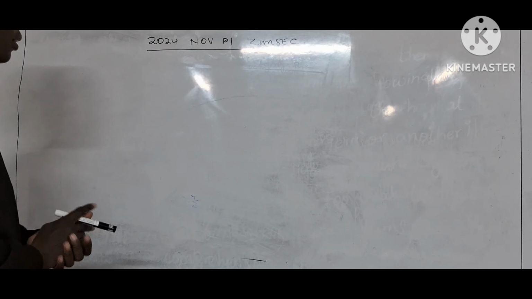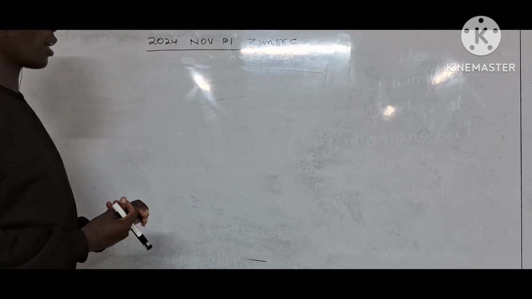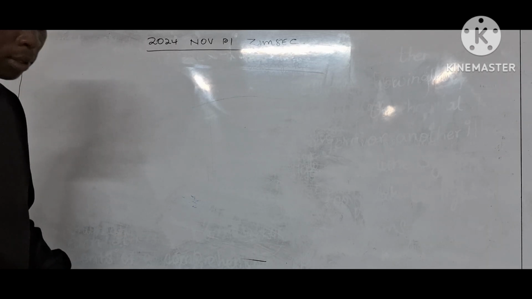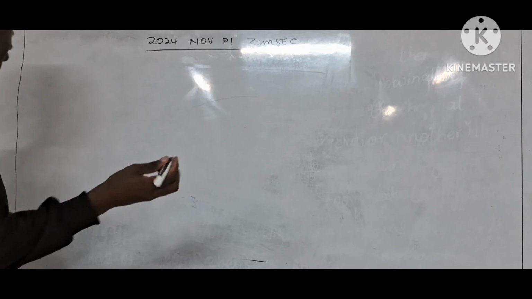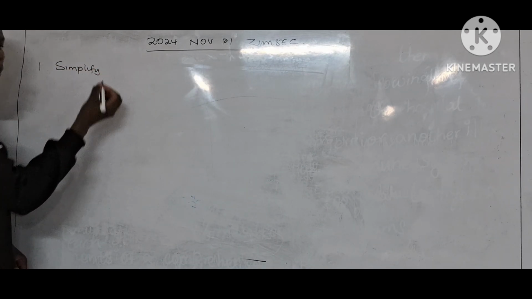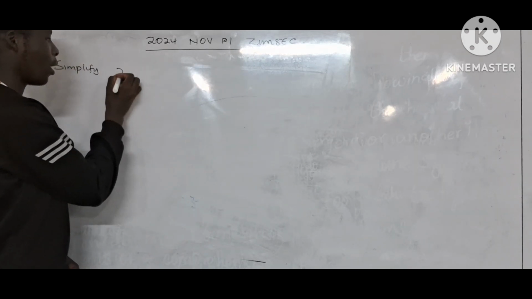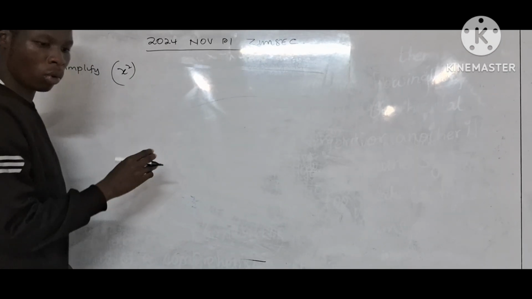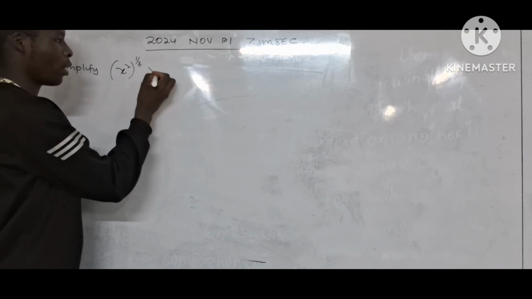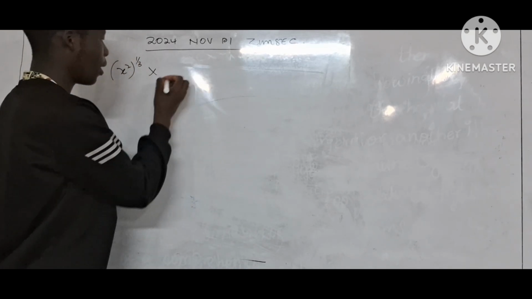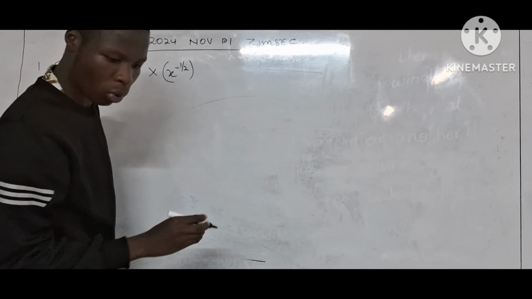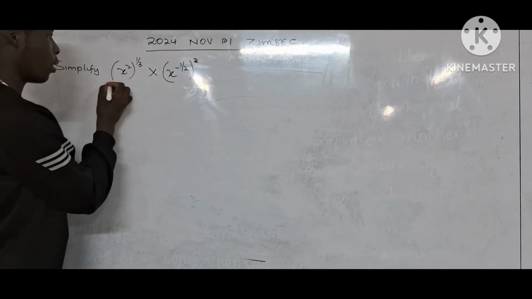So today we are going to revise this 2024 November paper 1 ZIMSEC, whereby question number 1 is saying simplify x to the power 2, which is raised to the power 1 by 3, times x to the power minus 1 by 2 to the power 3.